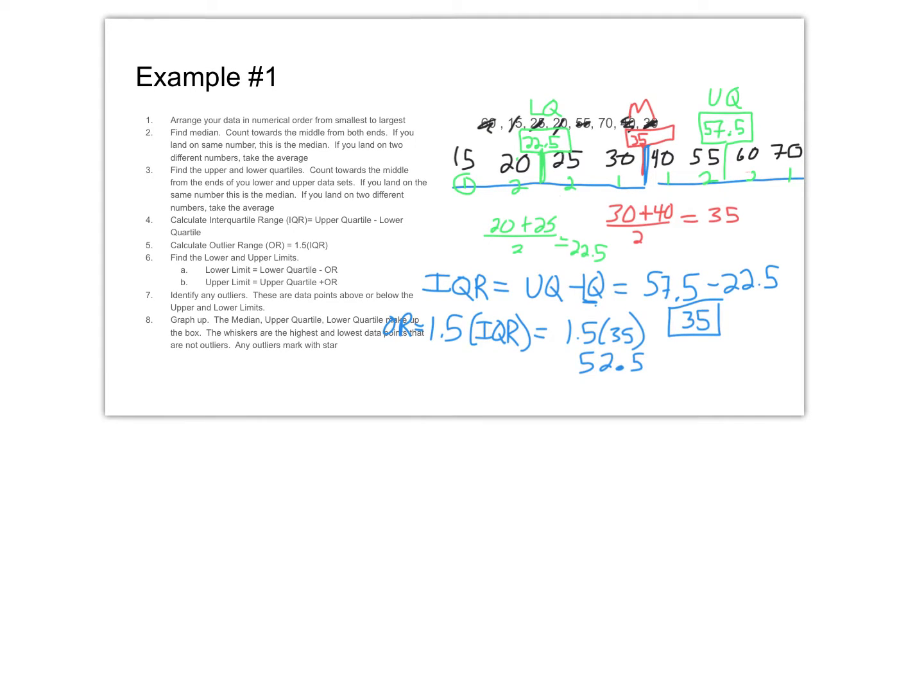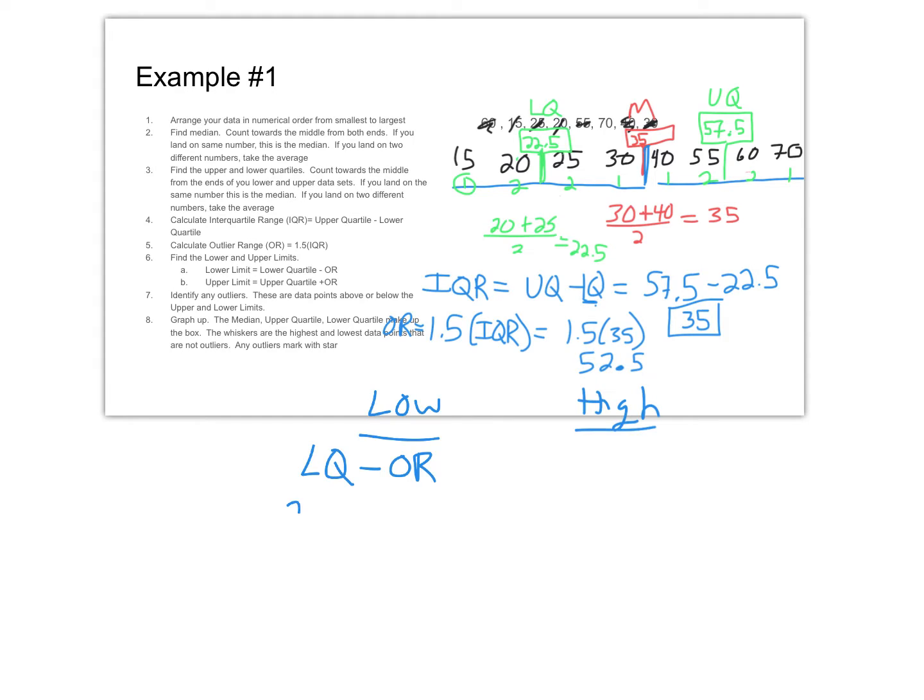Let me shrink this down a little bit so I have more room to work. Our next thing we have to find is the low and the high limits. This tells us distinctively where our outliers start. So at what number does a number become an outlier? To do the low limit, we take the lower quartile minus outlier range.